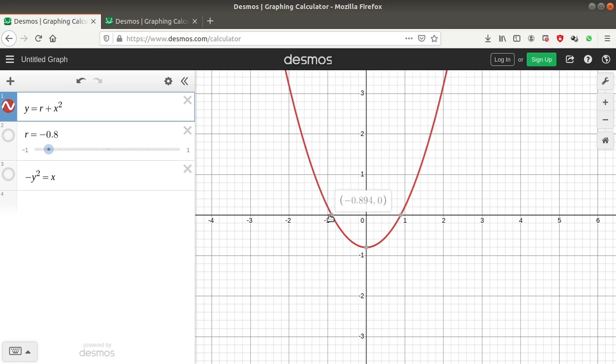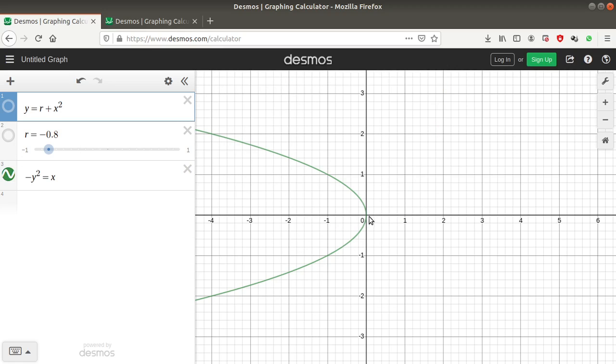Okay, and this is a stable fixed point, this is an unstable fixed point. So the stable fixed point has a value of x star on the negative side, and the unstable fixed point has a value on the positive side. So I could say that this branch of the curve, which represents the negative x star, is the stable fixed point curve, and this one is the unstable fixed point curve.